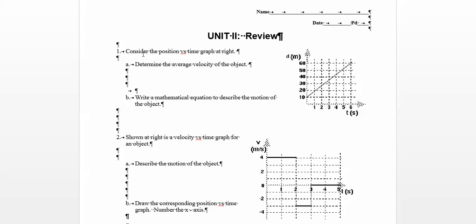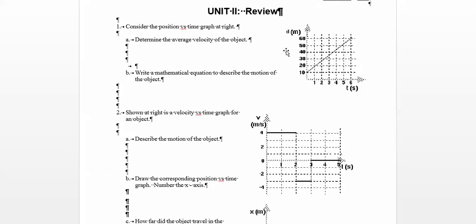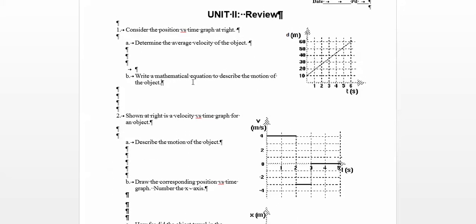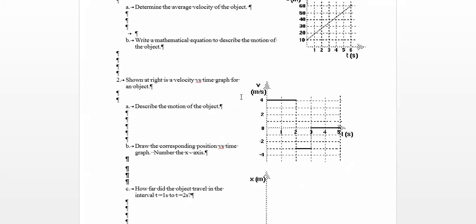Very quickly, this one here is also asking you to determine a velocity. This is position versus time, so that's just writing the slope. This one is the mathematical equation to describe the object. Remember what we had to do. It's a straight line, so we can start with the straight line equation, and then we substitute what we were actually measuring, not the y's and the x's. Now, this one says d and t, which is good.